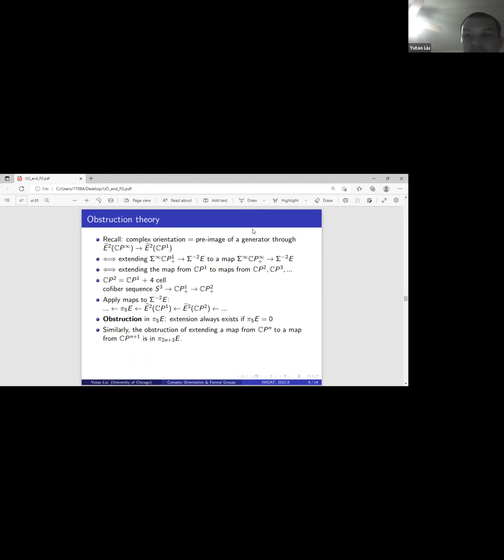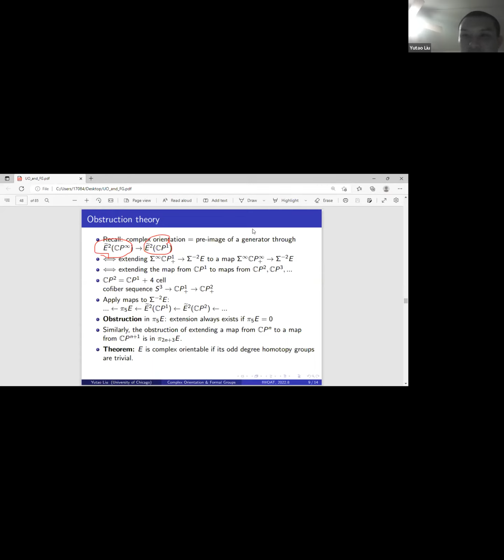So if you want to extend a map from CP1 to all the CPn and finally take the limit to CP infinity, basically you have the obstruction in the odd degree homotopy groups of E. In other words, if your spectrum E happens to have trivial odd degree homotopy groups, then you can always find a complex orientation on it, because you can always extend an element from the E cohomology of CP1 to an element of the E cohomology of CP infinity.